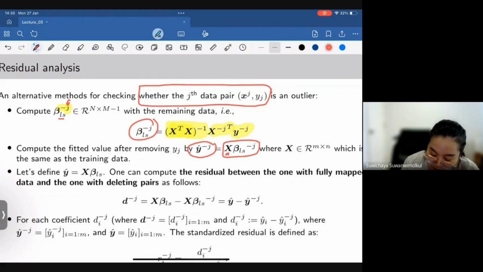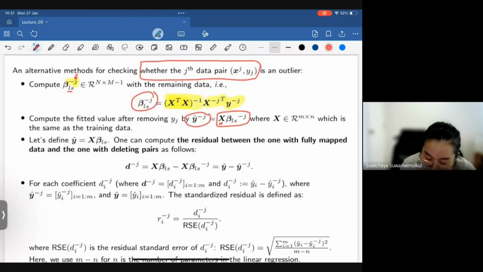After that, you may or may not notice the difference, but if you want to do this, what you have to do next is, after you have y hat superscript minus j, which came from the beta minus j where you removed that j sample, you compare it with the scenario where you haven't removed anything. In this case, it's the normal y hat that came from X multiplied with beta LS.